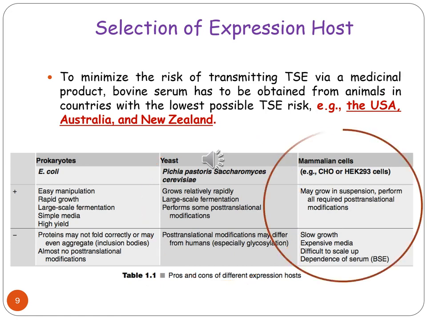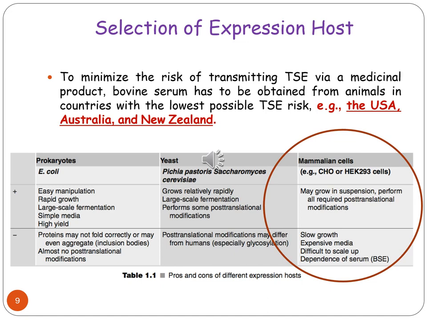The last expression system is the mammalian cell. The mammalian cells, such as Chinese hamster ovary cells or human embryonic kidney cells, they may grow in suspension.